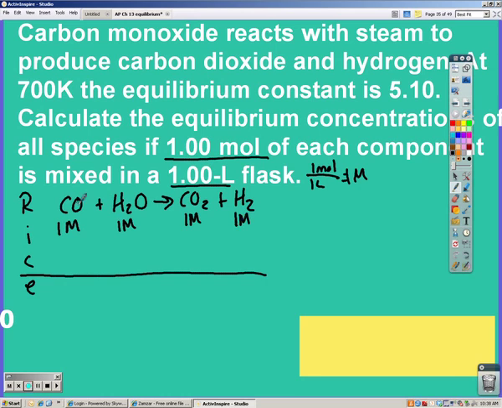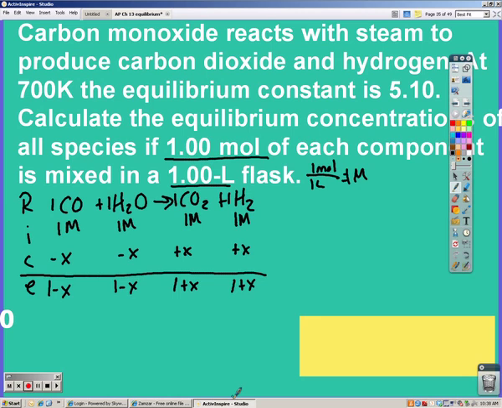My change: my reactants should be going down by some amount because they're reacting, and they're going to go down by the coefficient. My products, I should be making them, so they should be going up, and again, they go up by the same amount since it's 1 to 1 to 1 to 1. So summing that up, I have 1 minus x for equilibrium, 1 minus x, 1 plus x, and 1 plus x.